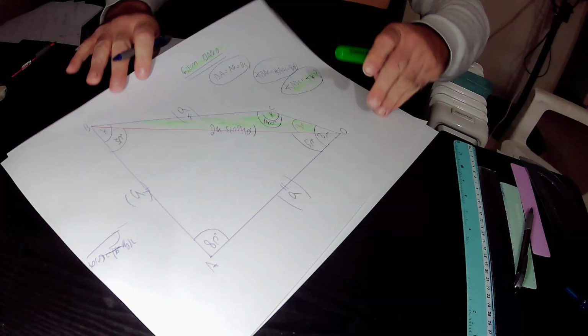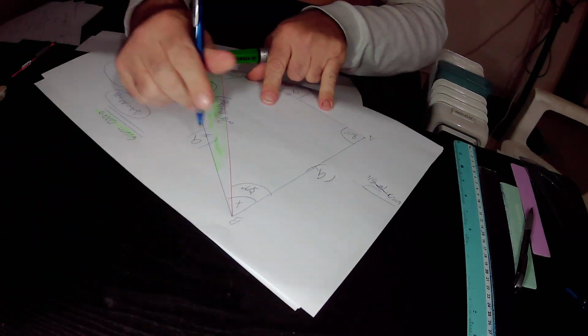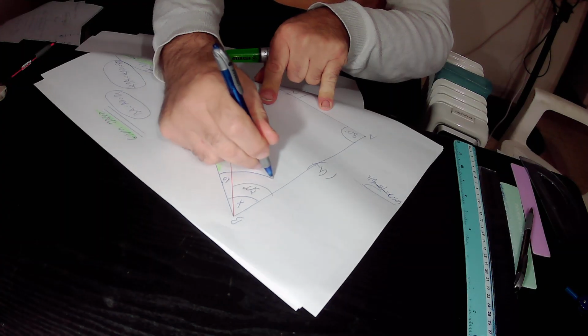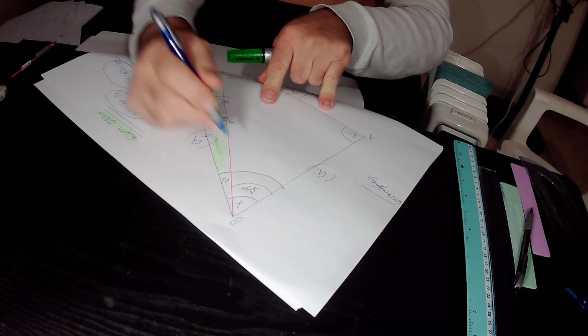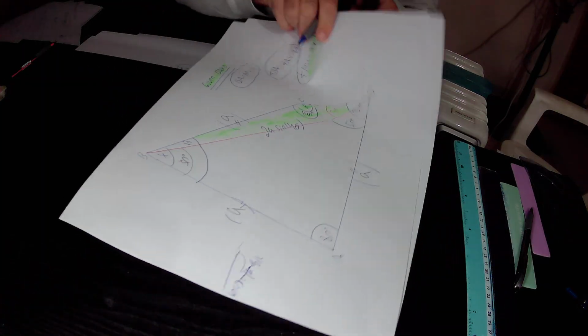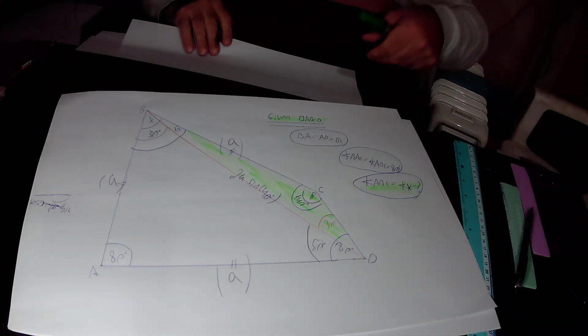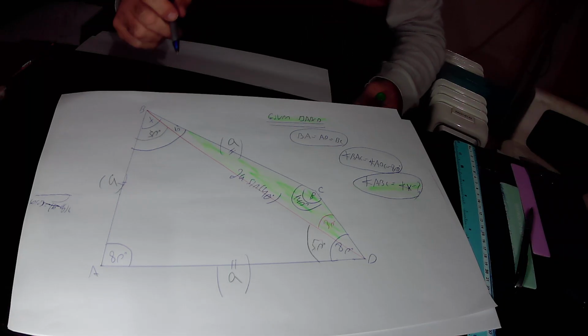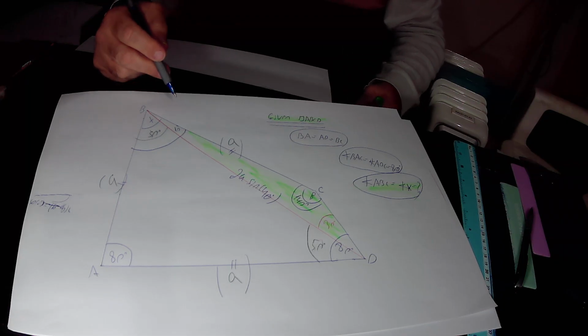So at the end, our task is to find out the size of this angle, angle X. It is very easy to see that angle X equals in total 50 degrees plus 10 degrees, that is 60 degrees.